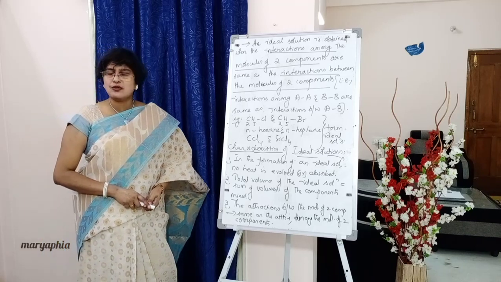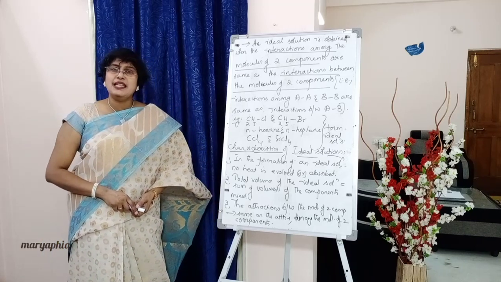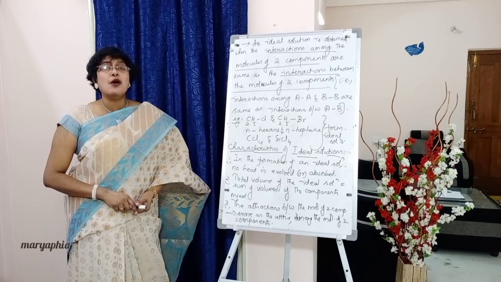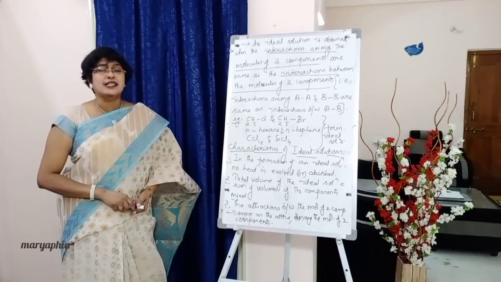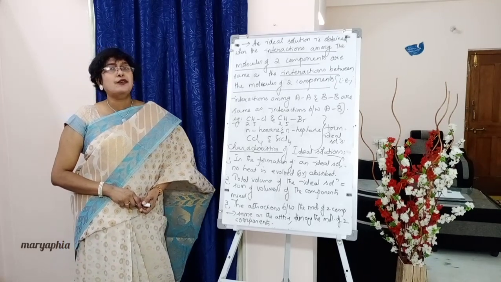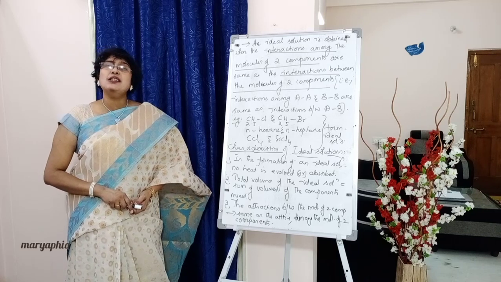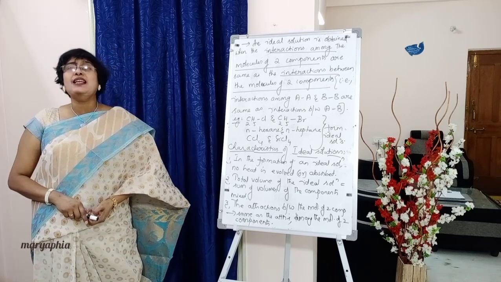For example, there are two components students, A and B, in a binary solution. The interactions among the molecules of two components, what's the meaning? The interactive forces among the molecules of A will be AA, and among the molecules of component B will be BB.